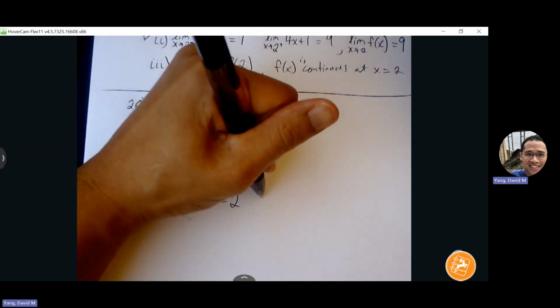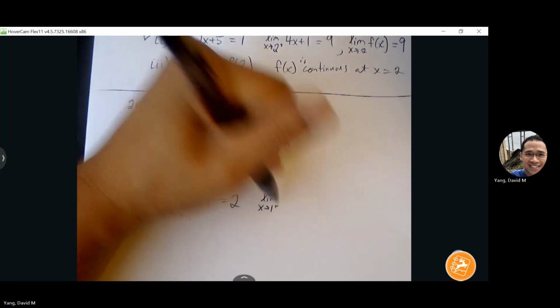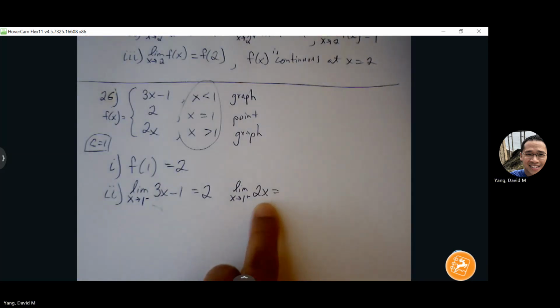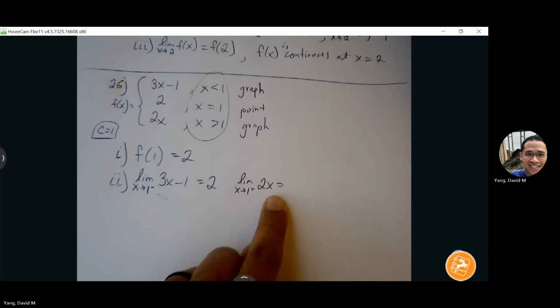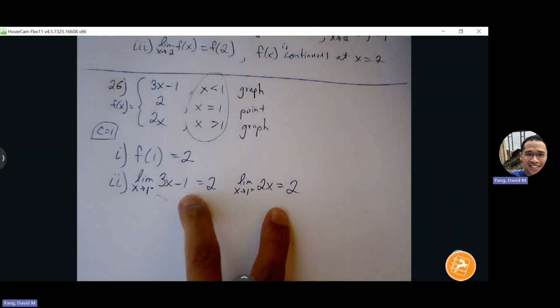Okay, keep going. We look at the limit from the other side of 1. We also get 2. Limit exists, right?